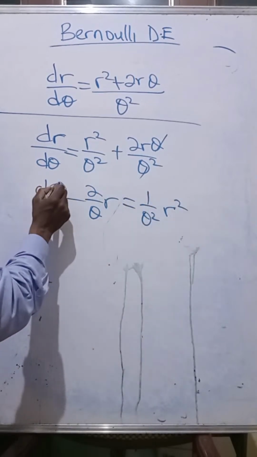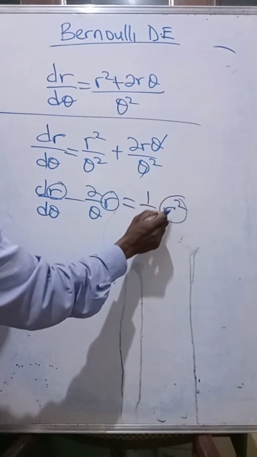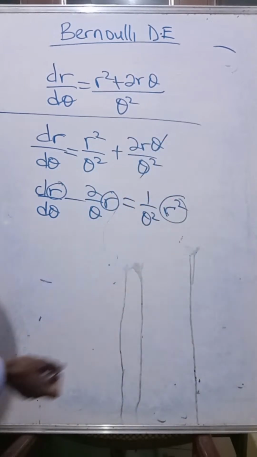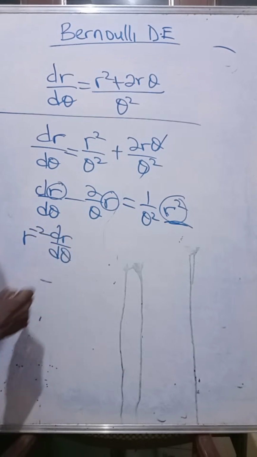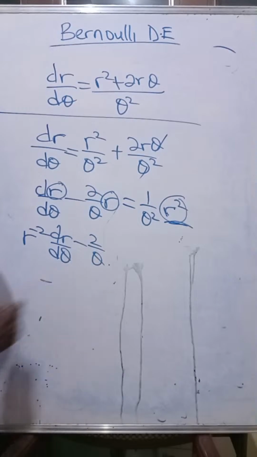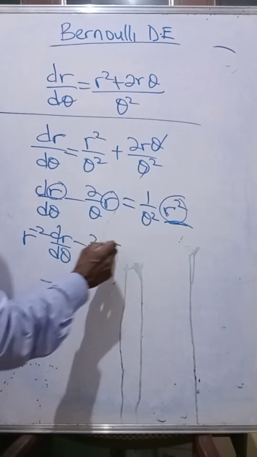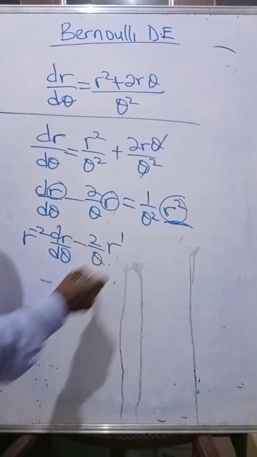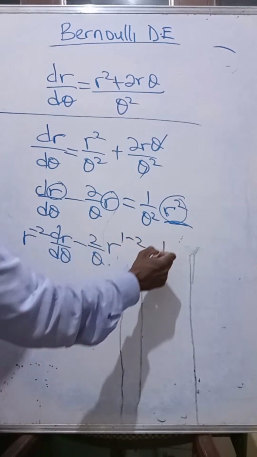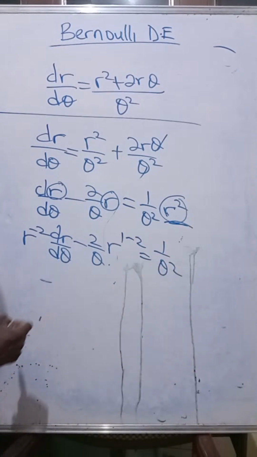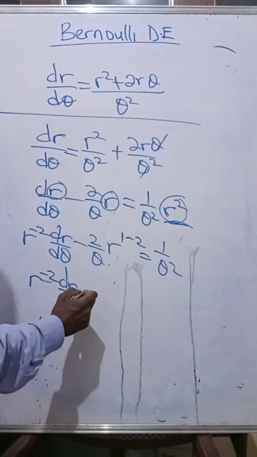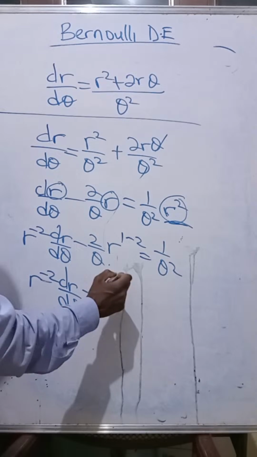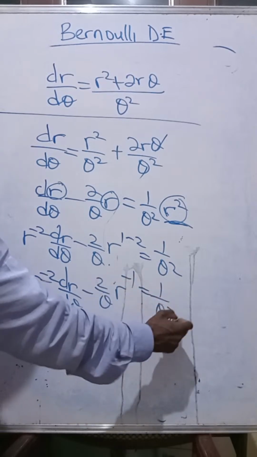It must be the same variable, but this one will be higher, power 2 and power 3. Then remove this r squared from here, and that will be minus r to the power minus 2 dr/d theta, minus 2 over theta, so this will be r to the power minus 1, equal to 1 over theta squared.